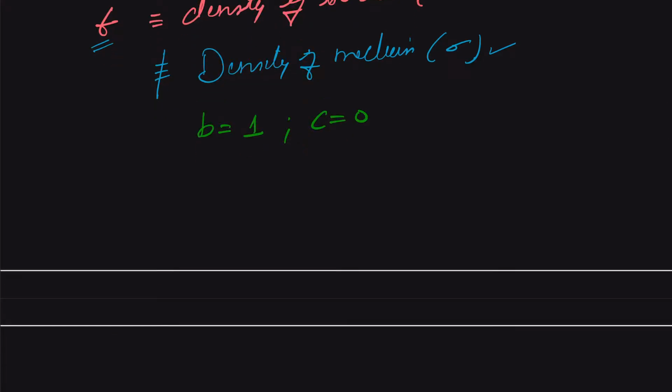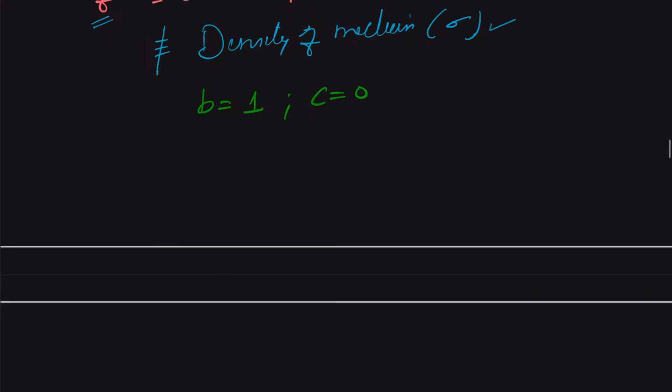Now we got all the values. The value of a is equal to 2, b is equal to 1, c is equal to 0, and d is equal to minus 1.